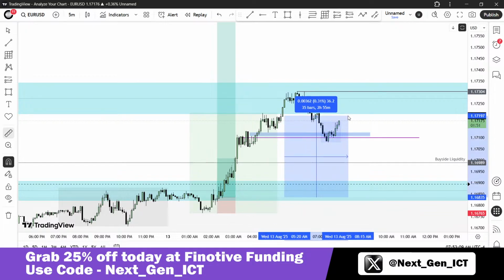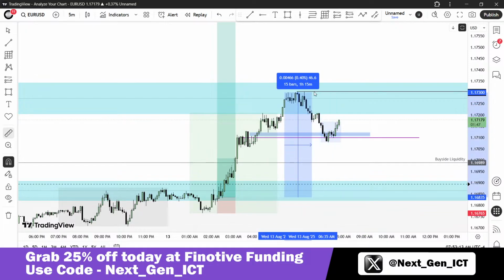I've already captured around 35 pips on this trade. Let's see if it breaks this high, then it would be like 46 pips for my trade.